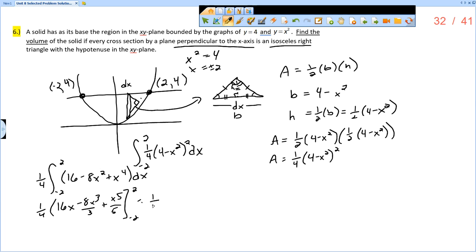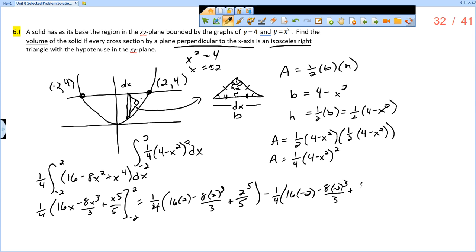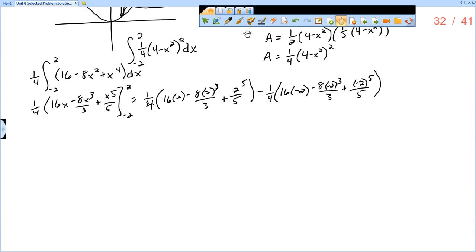That's 16 times 2 minus 8 times 2 cubed over 3 plus 2 to the 5th over 5, minus 16 times negative 2 minus 8 times negative 2 cubed over 3 plus negative 2 to the fifth over 5. Now I just have to simplify that. I know that's annoying, but that's what we have to do.